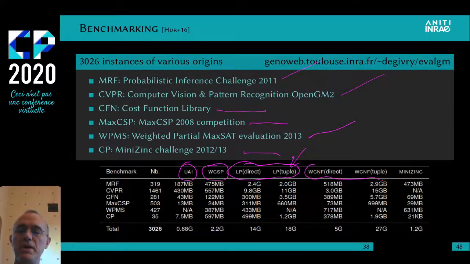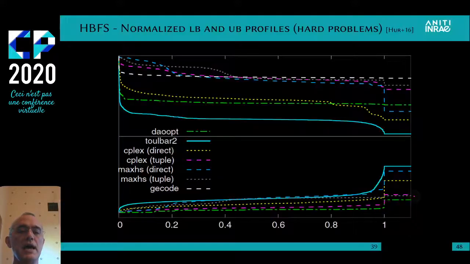Same thing for partial weighted MaxSAT, and this one resembles the local polytope one. And also Gecode using MiniZinc encoding for those problems that could be easily encoded in Gecode. And this is a very dense representation, the result of the subset of problems where the CPU time is not negligible, so sufficiently hard.